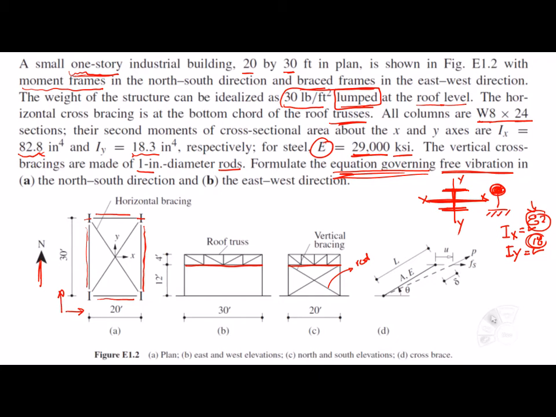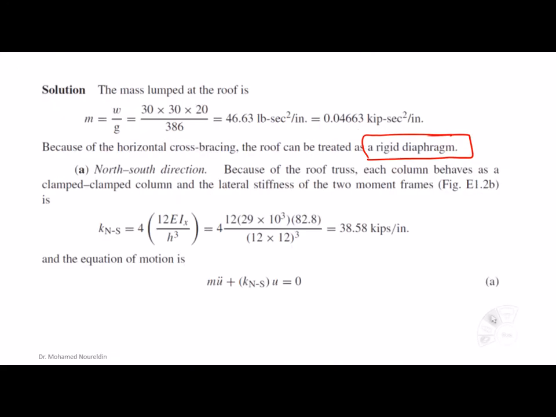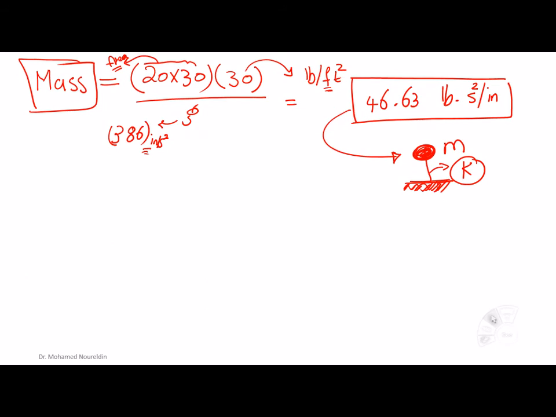So this means that we're going to have two types of K, one in each direction, and we need to study them independently. Based on this, let's start with case A, which is the north-south direction, and let's see how we can understand this.